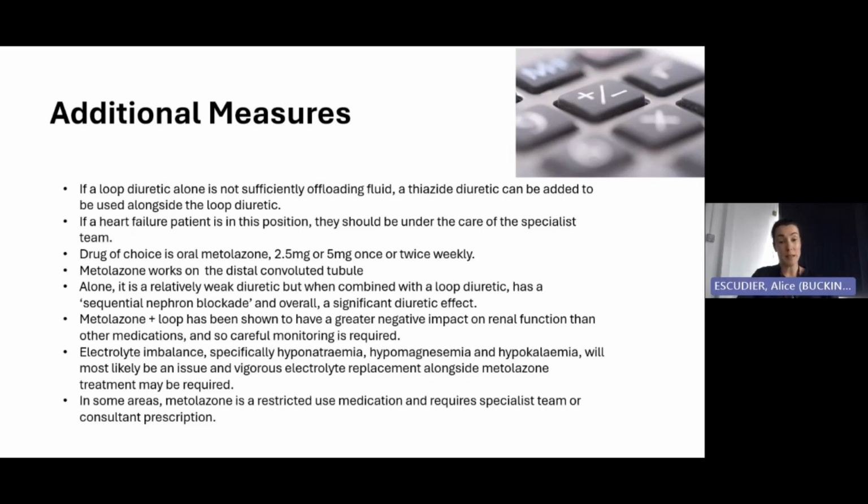Electrolyte imbalance, specifically hyponatremia, hypomagnesemia, and hypokalemia, will most likely be an issue, and so vigorous electrolyte replacement alongside metolazone treatment is most likely going to be required. In some areas, metolazone is a restricted medication on the formulary, and so it may require specialist team or consultant prescription.